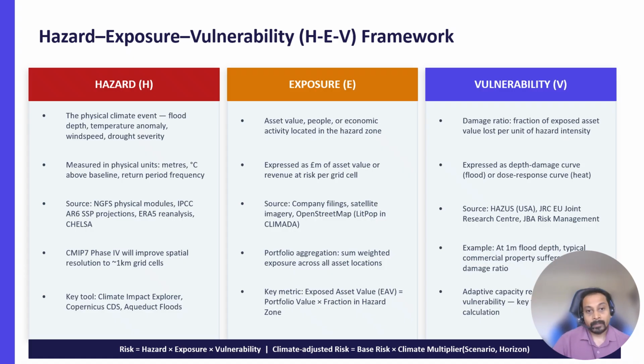When you multiply these three together, you get the risk for any kind of physical risk, expressed as an expected loss in monetary terms. And when you apply a climate multiplier to the hazard component, you get the climate-adjusted risk.